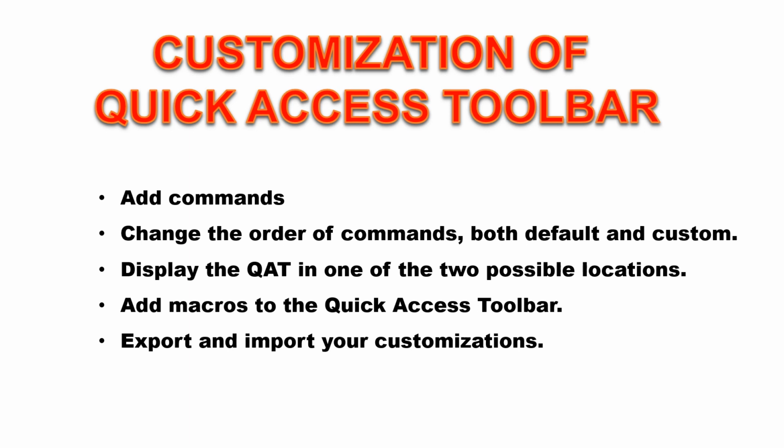We can add macros to the QAT, and after customizing, we can export our customization of the QAT. That is also possible. In addition to that, we can import the customization from an external file.